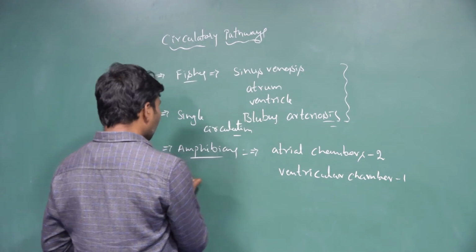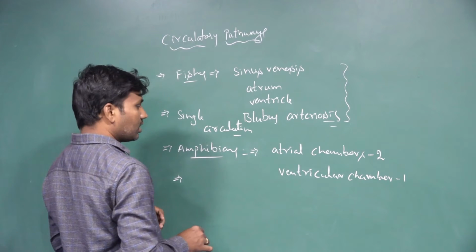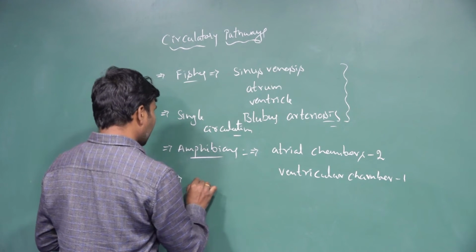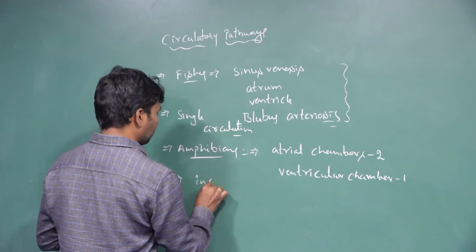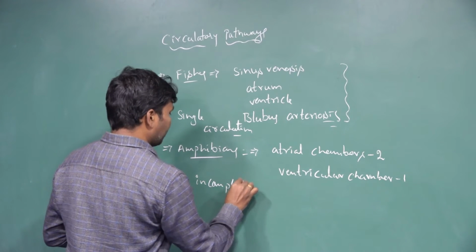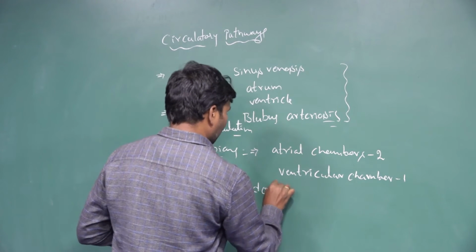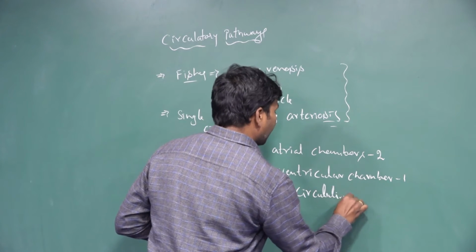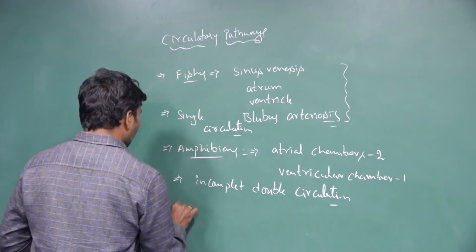Only there the circulation occurs. It is a double circulation, but an incomplete double circulation is carried out in amphibians.